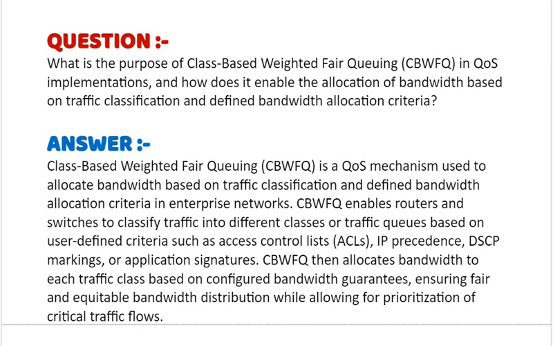CBWFQ enables routers and switches to classify traffic into different classes or traffic queues based on user-defined criteria such as access control lists, ACLs, IP precedence, DSCP markings, or application signatures.